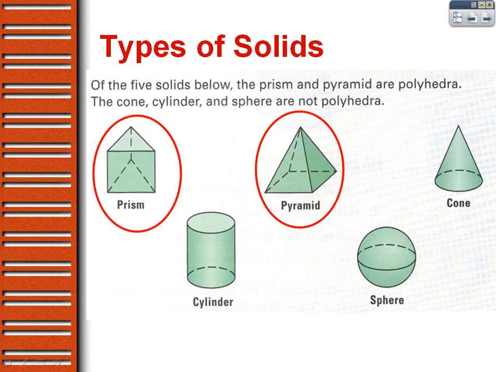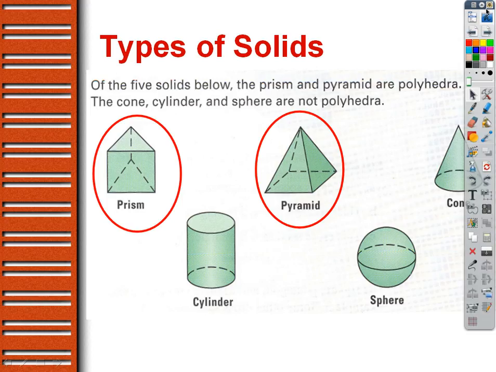The other thing that has to be true is that all of the edges along the sides, we'll call these the lateral faces and the lateral edges, are going to have certain characteristics.